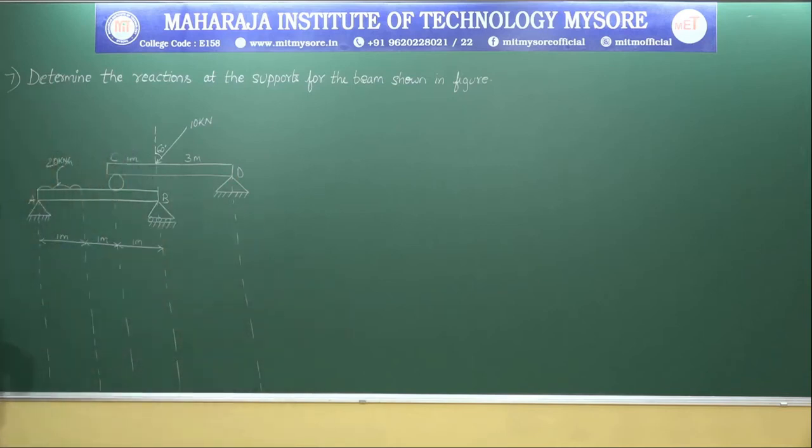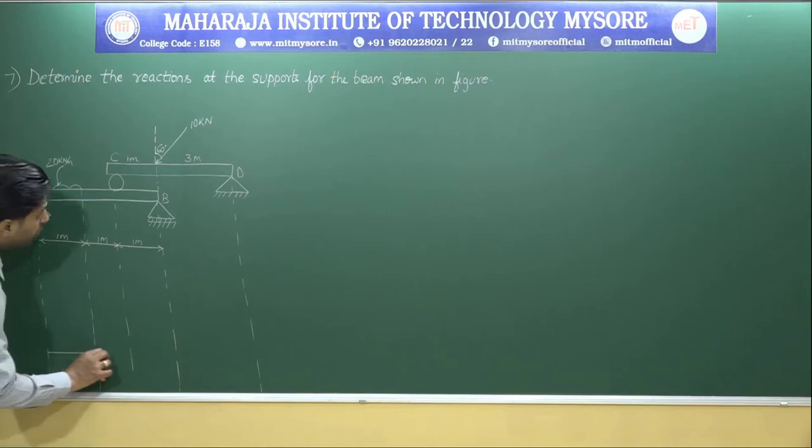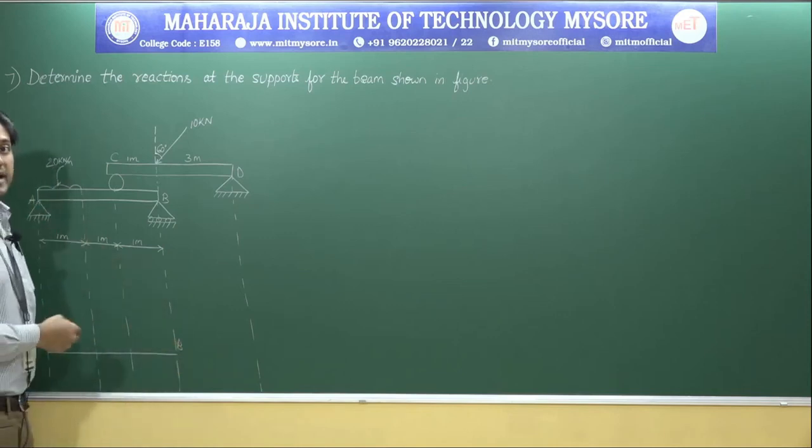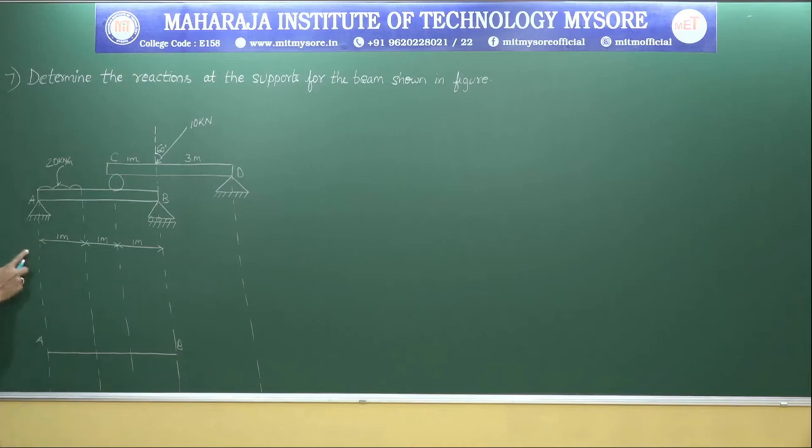Now observe here. First let me write the free body diagram for the AB beam. Let me write it at a lower span. This is A, this is B. Now at A, what is the type of support we are having?